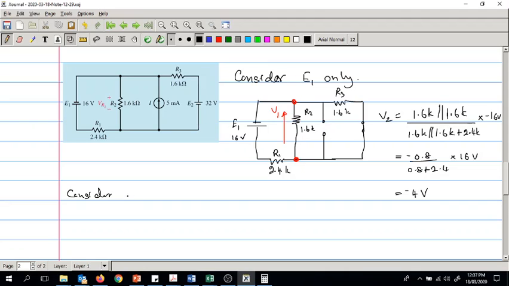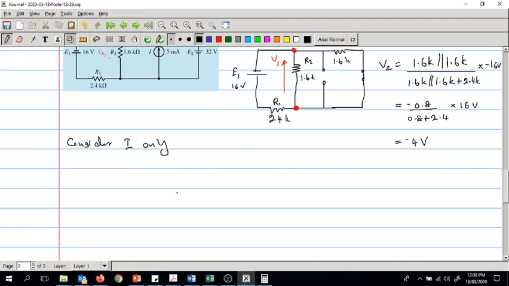Consider the second source, I, only. So if you consider the I only, we have a voltage source here which is now short circuited, and we have a current source here and a resistor here.